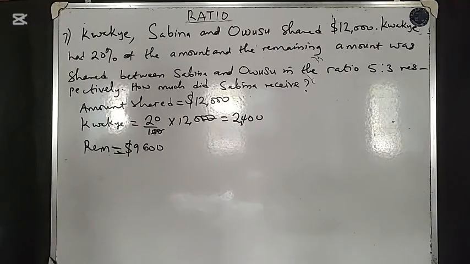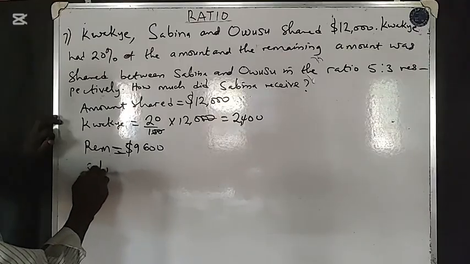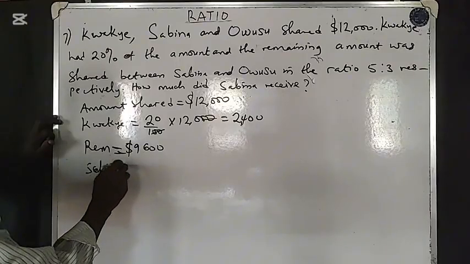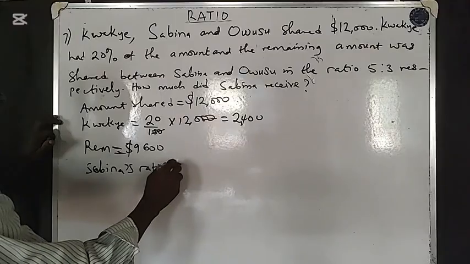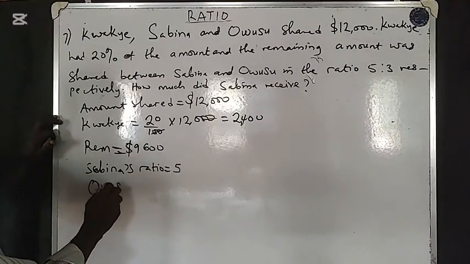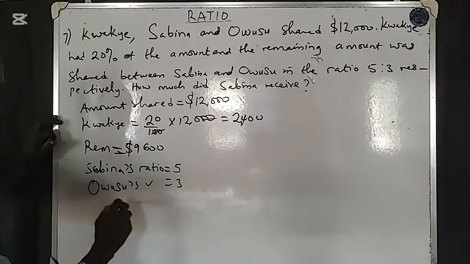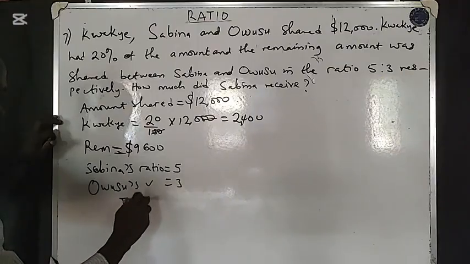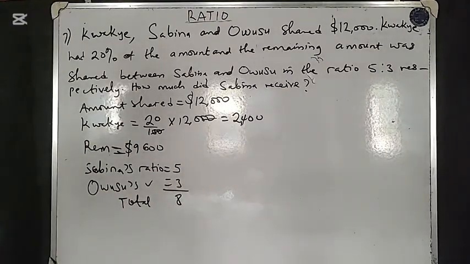So Sabina also in the ratio. Sabina's ratio is 5 because respectively, right? Owusu's ratio is 3. Total is equal to 8, right? Then we want to find Owusu's share, or Sabina's share.